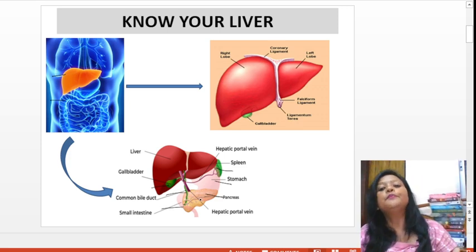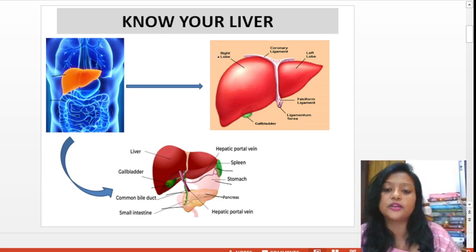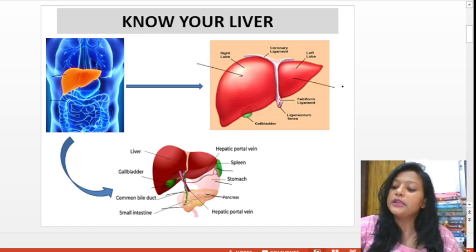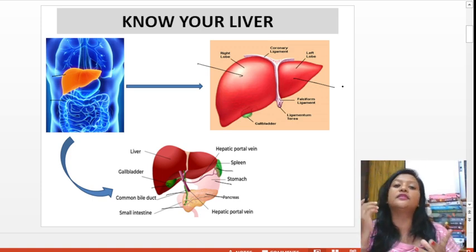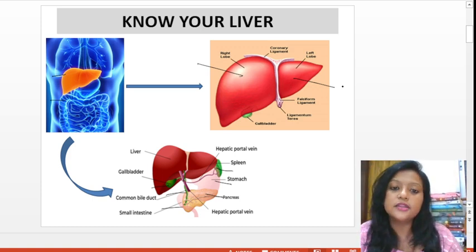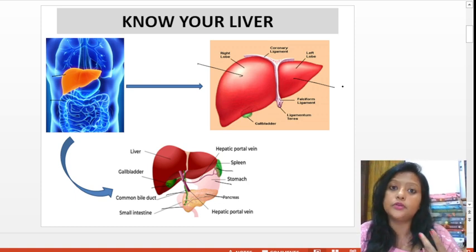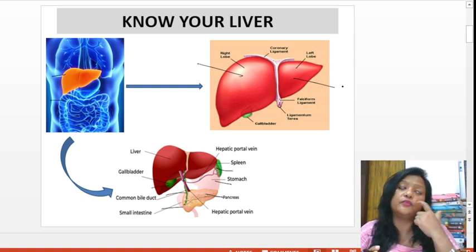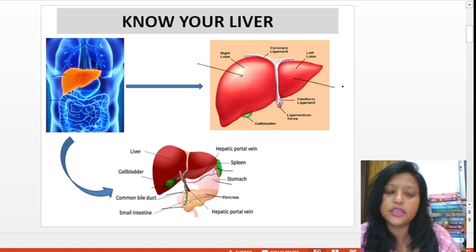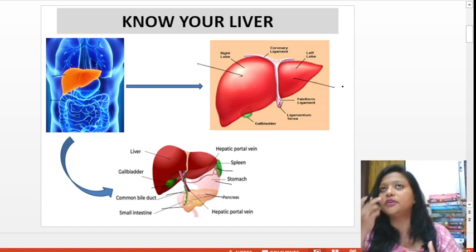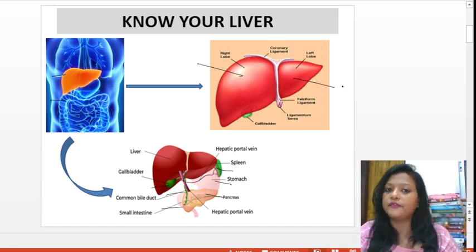This liver has two lobes. One is the right lobe and the other is the left lobe, as you can see in this diagram. Inside these lobes, they contain some globule-like structures. In a normal, healthy human being, this liver weighs around 3 to 4 pounds. Depending on the height of the person, the liver size may vary, but generally it is 3 to 4 pounds.